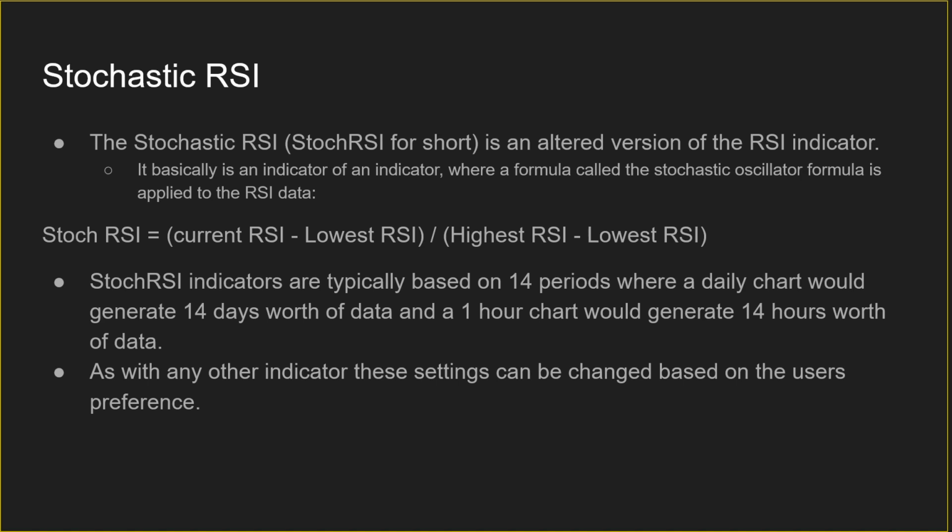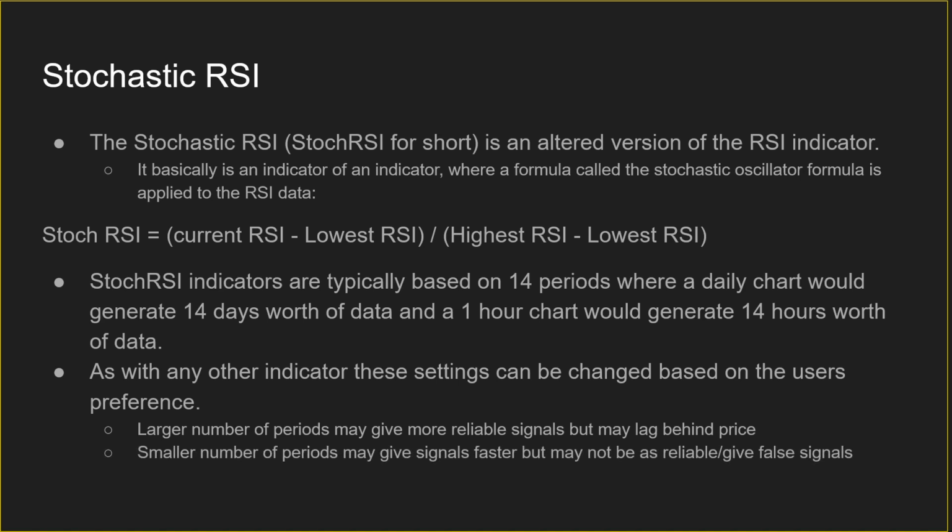Now, as with any other indicator, these settings can be changed based on the user's preference. Some people may want to look for that 21 period, where others might look for the 7 period. Just to know, a larger number of periods may give more reliable signals, but may lag behind price. It might be slower to update and slower to show those signals and those patterns that we can trade upon.